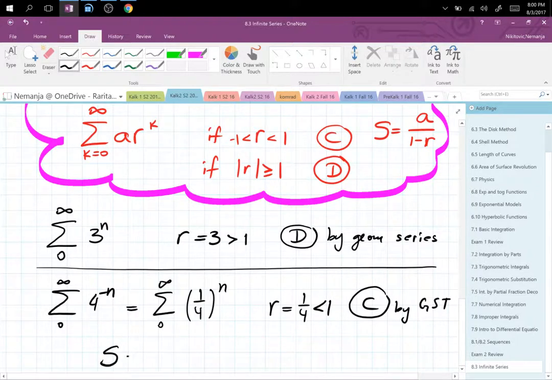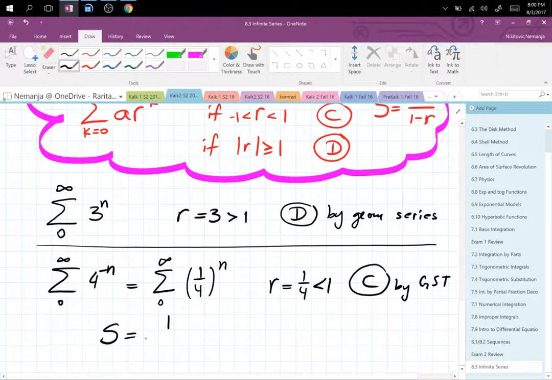So S is, A is 1 divided by 1 minus 1 quarter, which is 1 divided by 4 quarters minus 1 quarter is 3 quarters. 4/3. So it adds to 4/3.